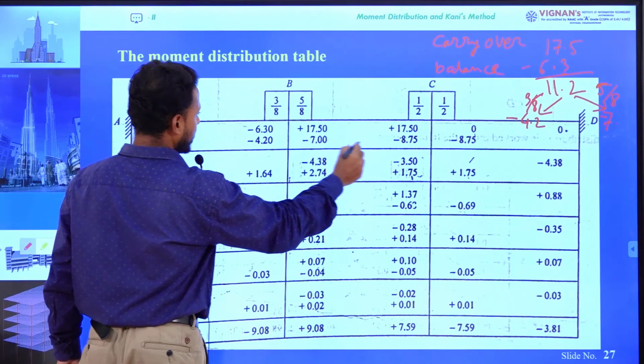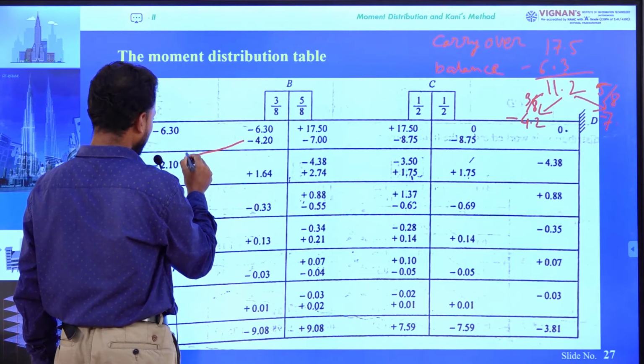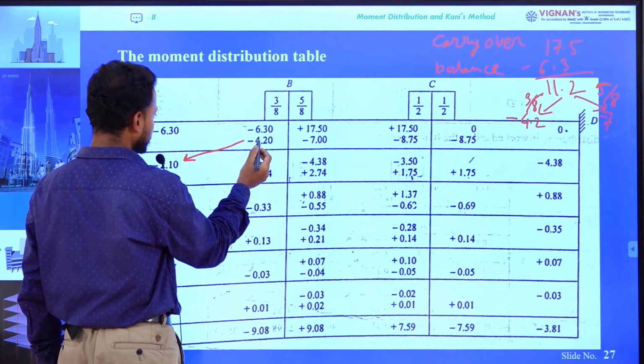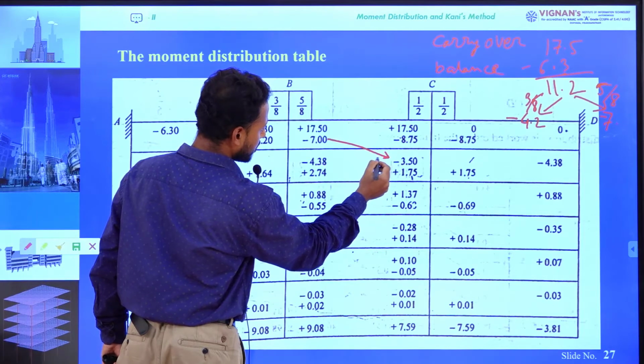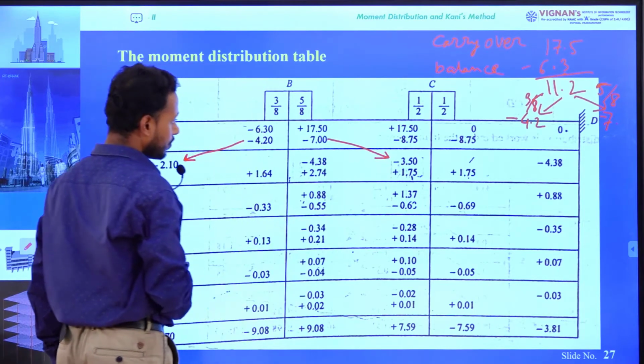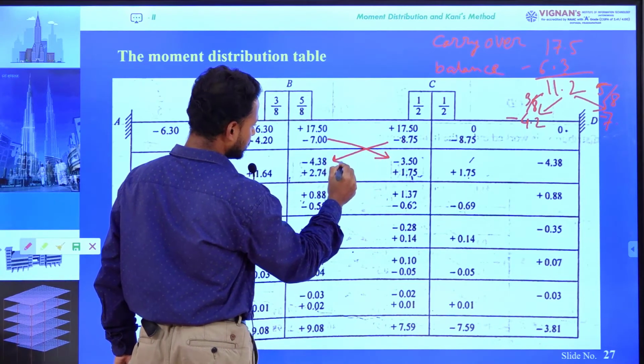Once this line is completed, this moment will be carried over 50% to this joint, and also this moment will be carried over 50% to this joint.